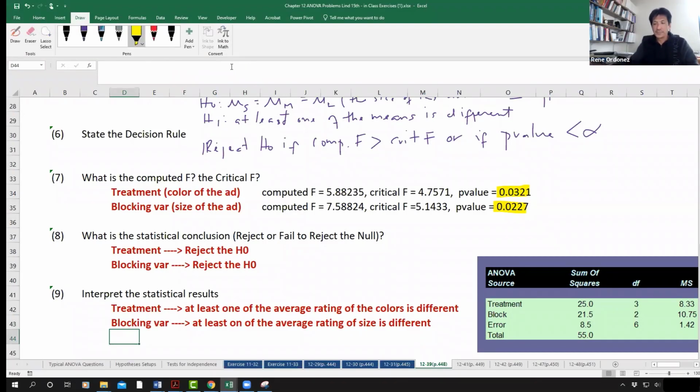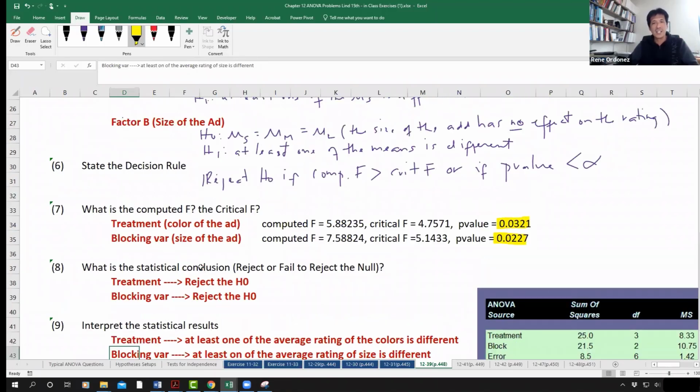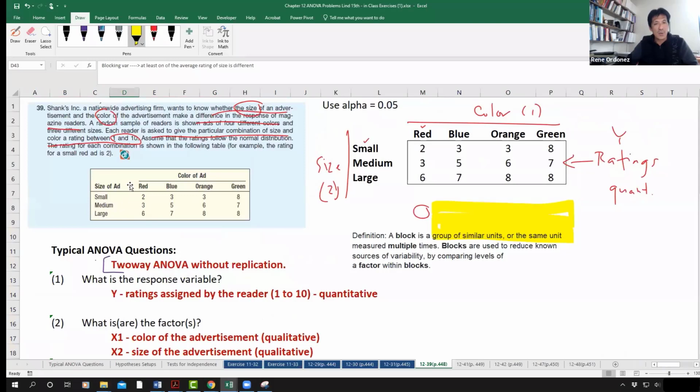All right. So this conclusion here begs the question, which color will you use? Which color will you avoid? This one says, which size would you use? Which one would you avoid? Obviously, you would want to pick a color or size that provides the largest rating. Right? We're assuming here that the higher the rating, the better it is.